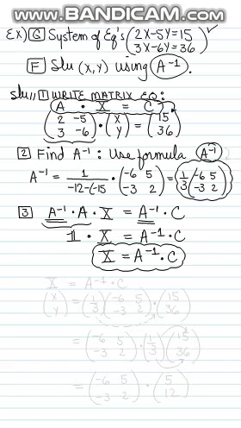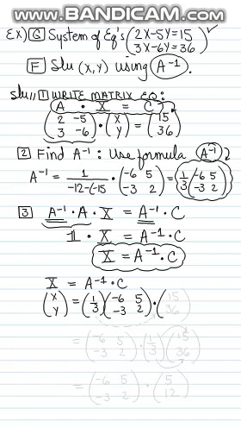We're ready to roll. So the variable matrix X is going to be equal to A inverse times C. That means little x, little y, our variable matrix, is equal to 1/3 times, I'm writing A inverse now, negative 6 down below negative 3, 5 down below 2, times the C matrix, which was 15 down below 36.